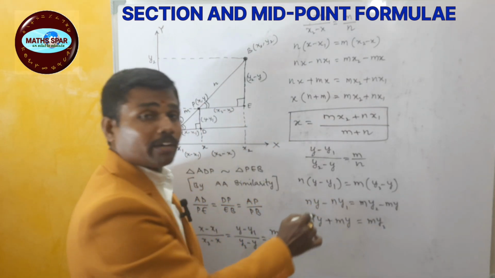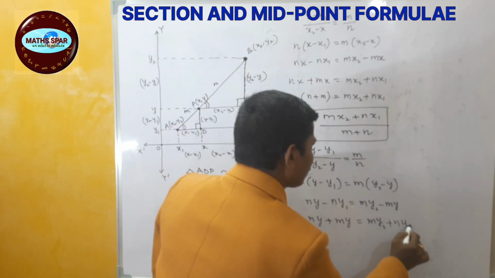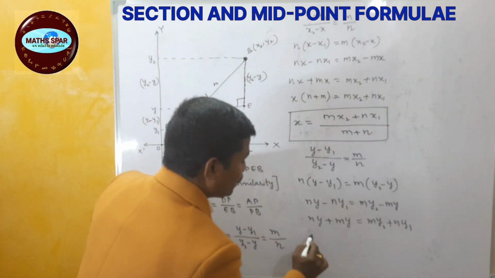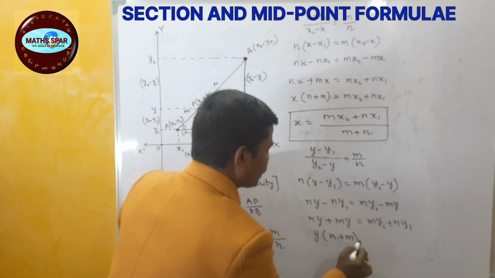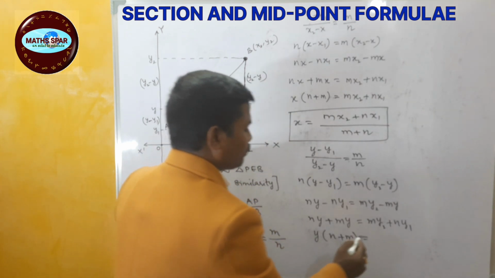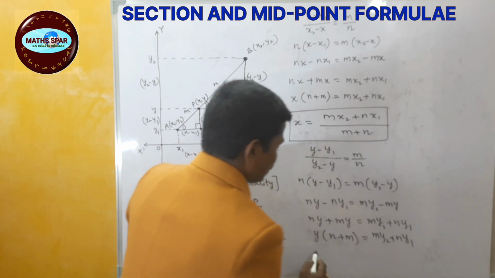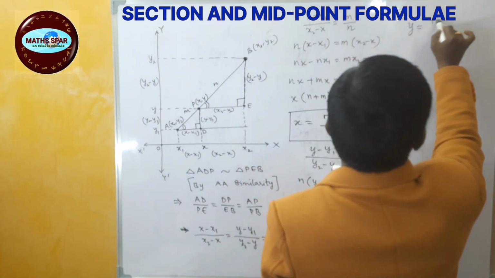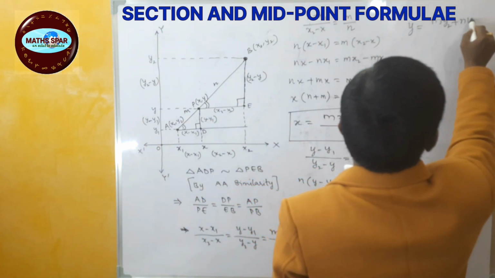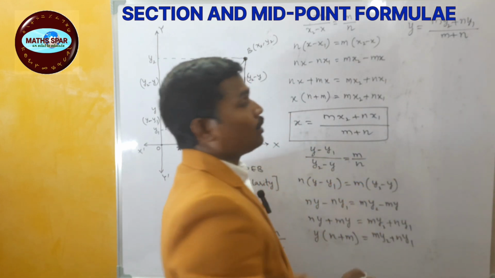Then minus ny1, send it to the right hand side, then it will become plus ny1. Then y is common here, into n plus m is equal to my2 plus ny1. Then y is equal to my2 plus ny1 by m plus n.